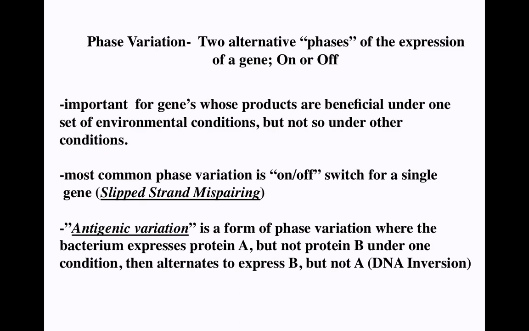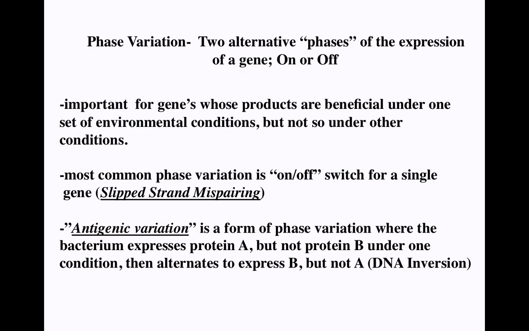Now what this does for the bacterial population is that it allows that population to have basically two kinds within it. So if natural selection favors the lack of production of that protein, the cells that don't produce the protein will do very well. But the cells that do produce the protein won't. And then if the conditions change, if the environment changes, the bacteria just shift, so natural selection favors the other form.